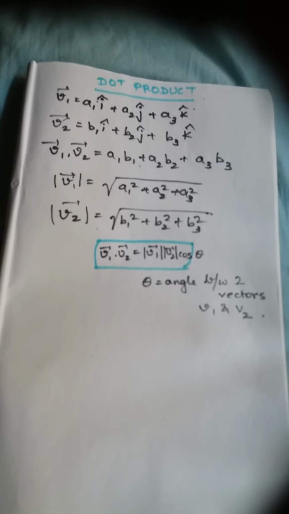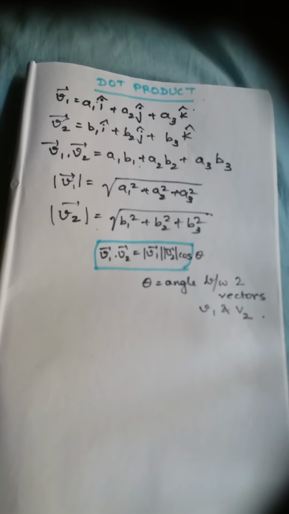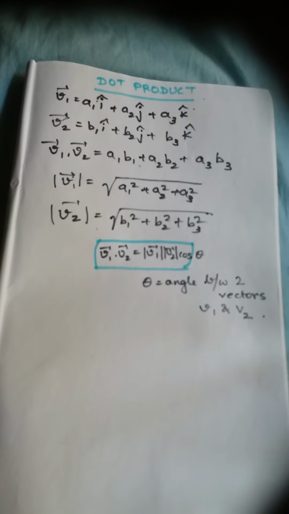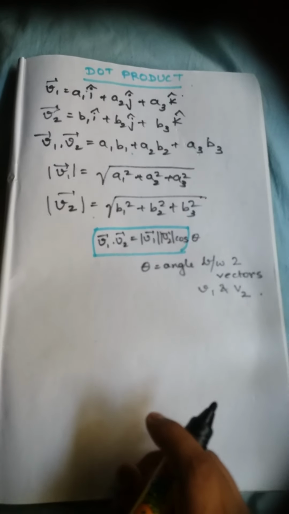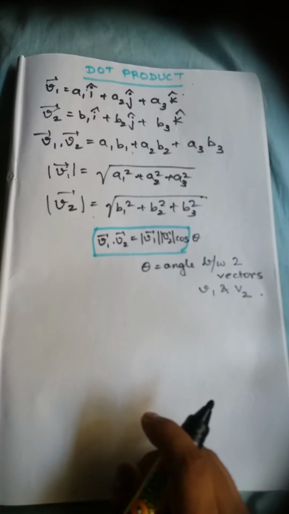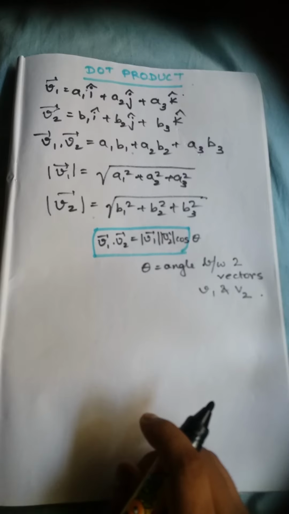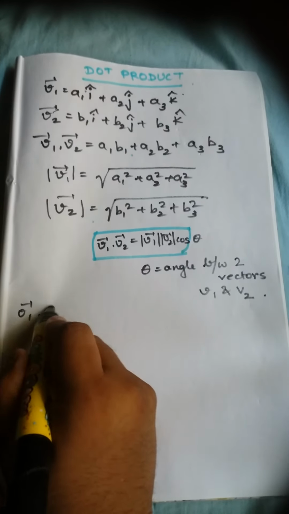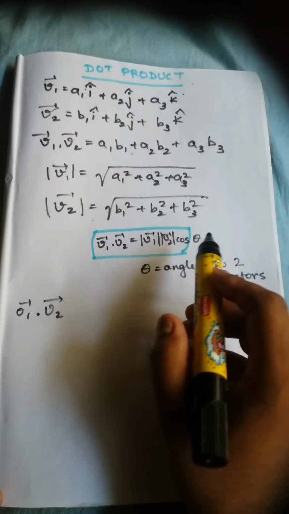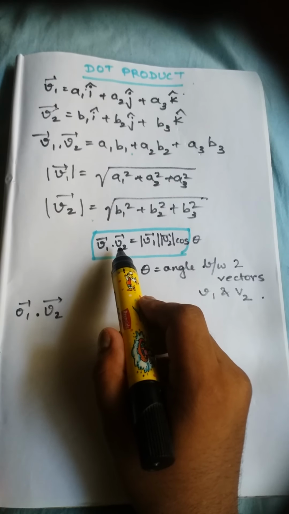Now let us solve for an example the angle between two vectors. Now one thing to mention before that is that dot product of two perpendicular vectors is 0. Notice one thing, that dot product is scalar.